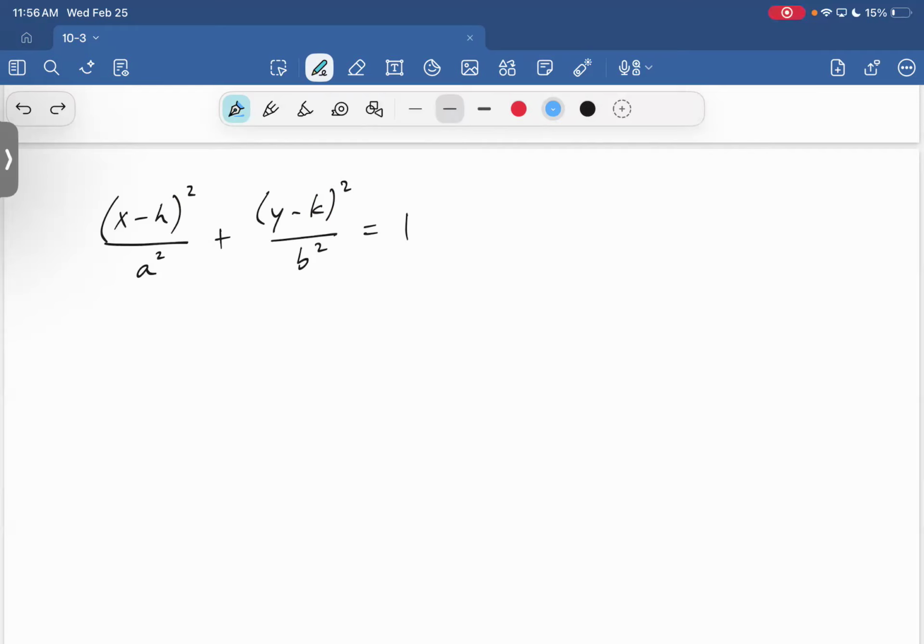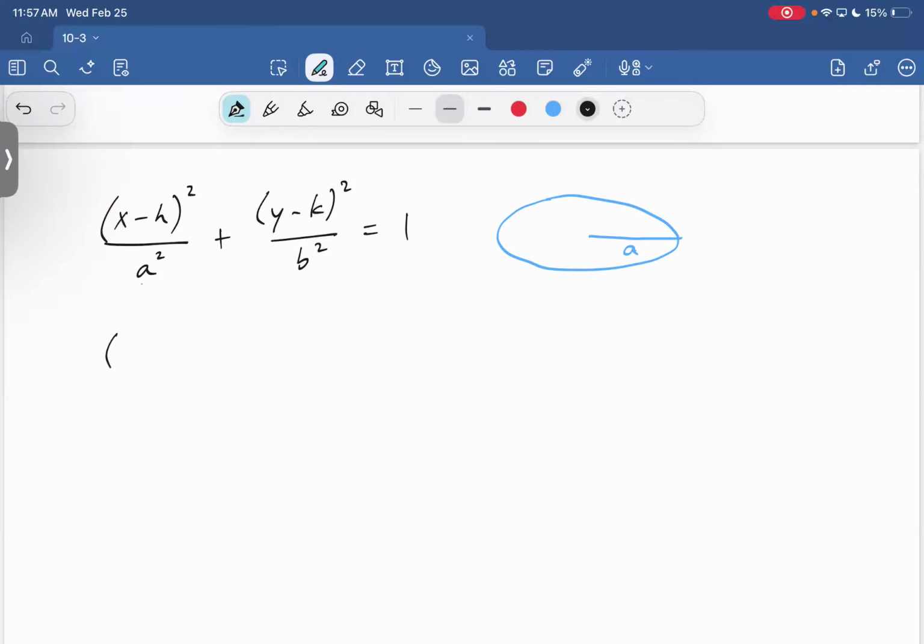A is going to be the semi-major axis. And so in this case, we're looking at a horizontal ellipse. How do I know it's horizontal? That's because the semi-major axis is in the x direction, so that's why it goes with the x.